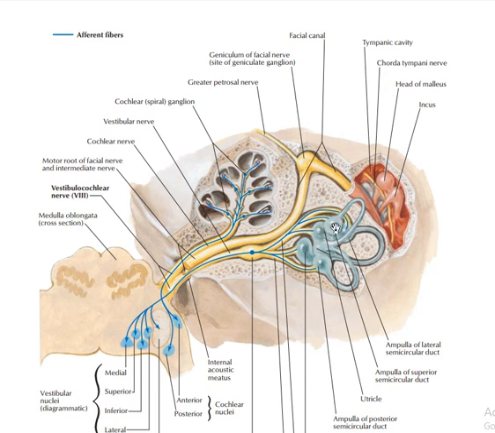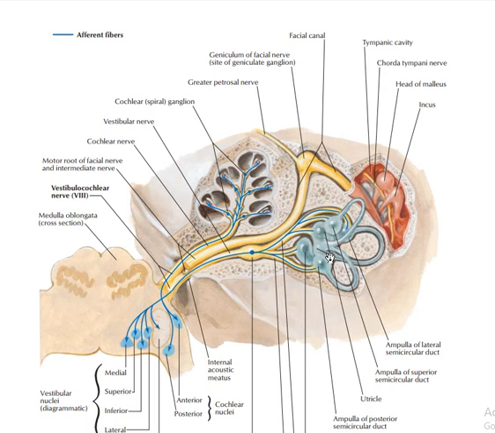There are three semicircular canals: the superior semicircular canal, the posterior semicircular canal, and the lateral semicircular canal. These are the three main ones, and each of them is going to have an ampulla.